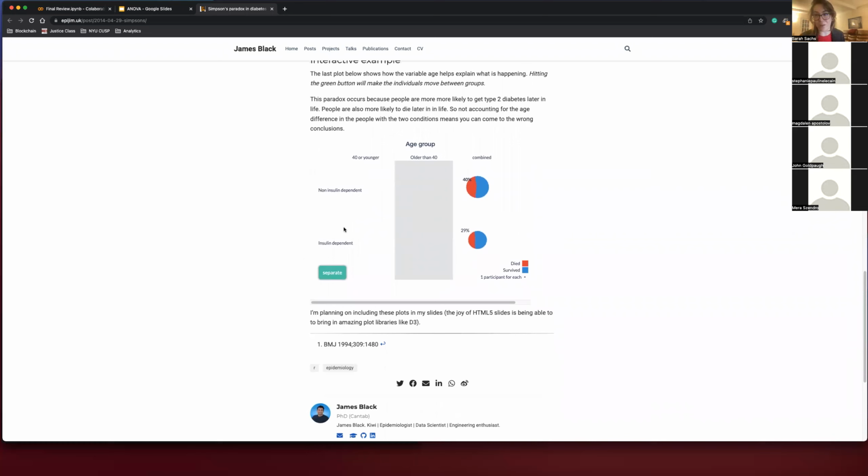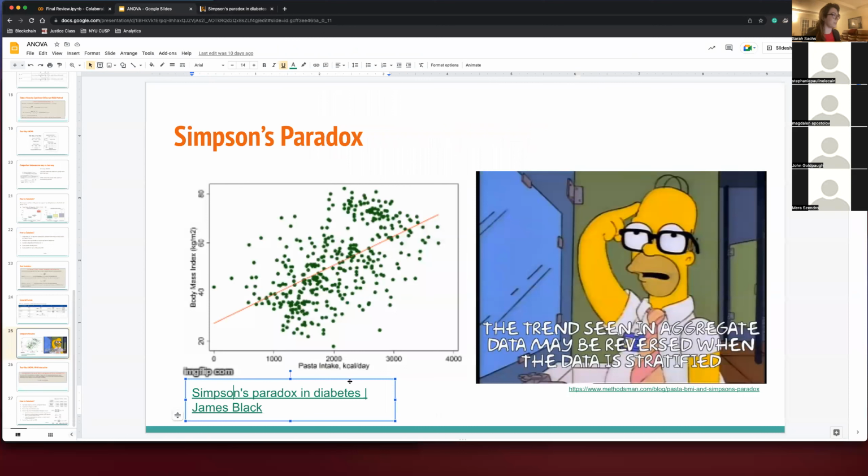So in short, when you start to use categories in a data set, you might be changing how the relationship really is in the two variables that you're looking at here. Does that make sense? No, not yet.